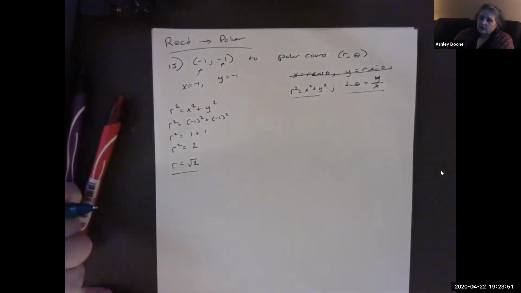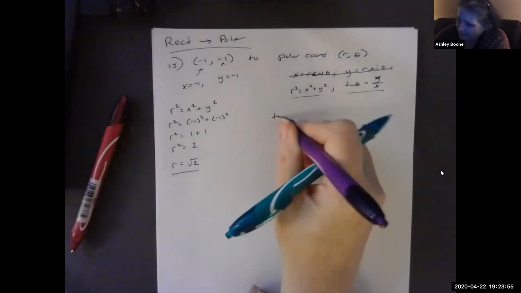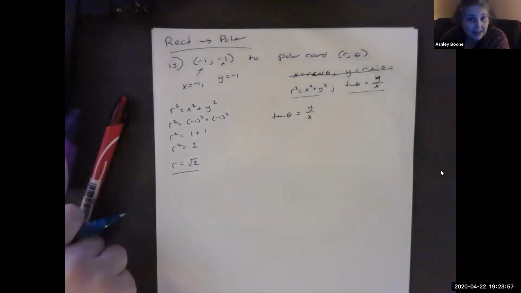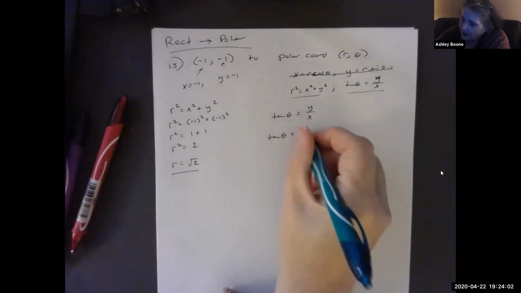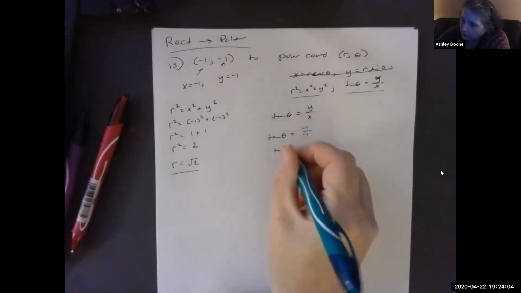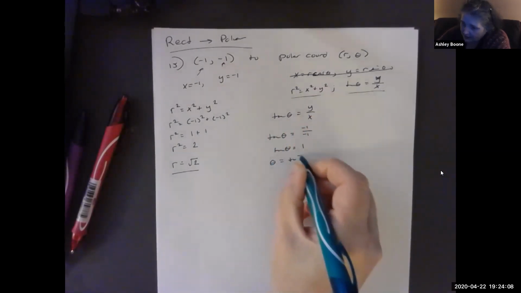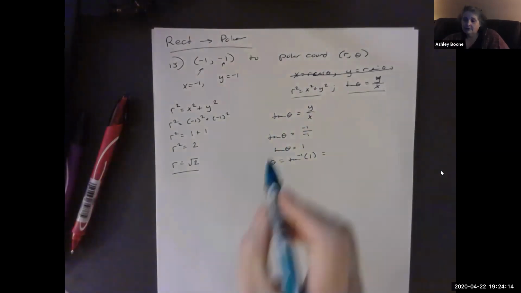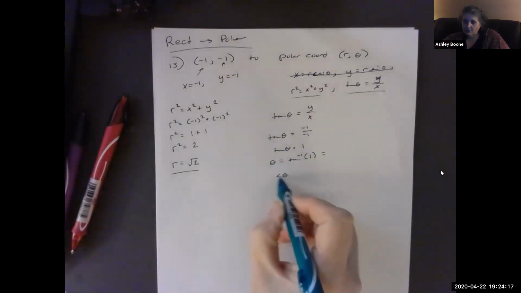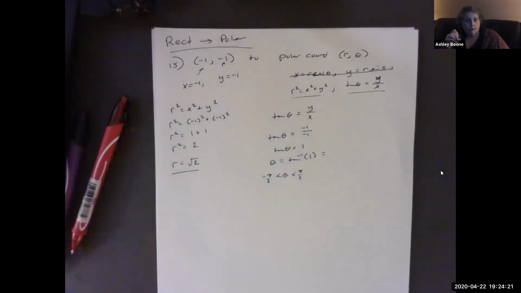Now we also know that tangent of theta is equal to our y over x. And since x is not 0, we can use this. So tangent of theta is equal to -1 over -1. Tangent of theta is 1, which means theta is equal to the inverse tangent of 1. Remember, inverse tangent is defined to be between -pi/2 and pi/2, okay?